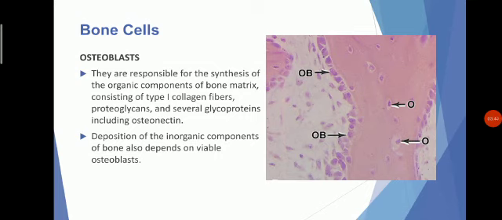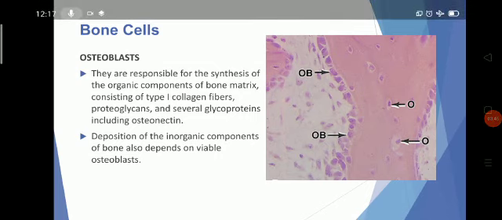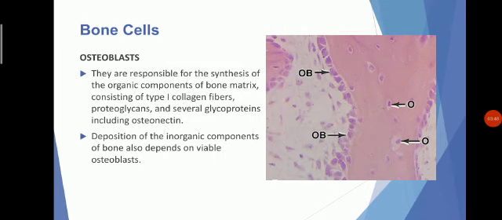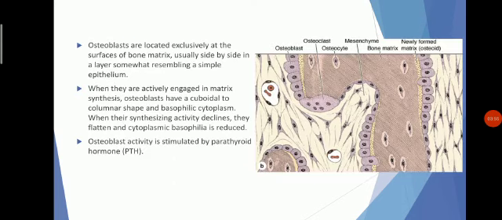These are the osteoblasts. You see, this is the osteoblast. This is the osteoblast. Osteoblasts are located exclusively at the surface of the bone matrix, usually side by side in a layer somewhat resembling a simple epithelium.